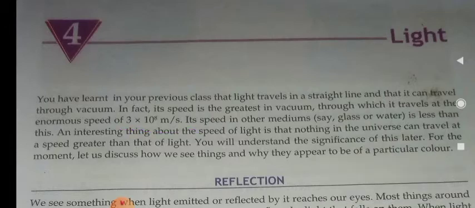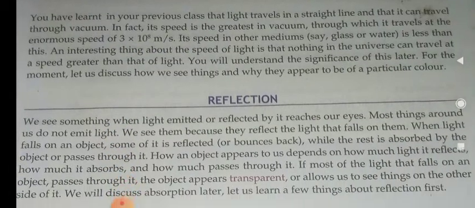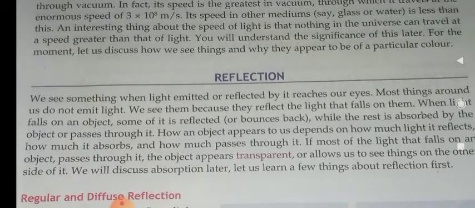Okay, the main important characteristic of light is reflection. What is reflection? Light can be reflected by all objects. We are able to see an object because the light is reflected by that object.